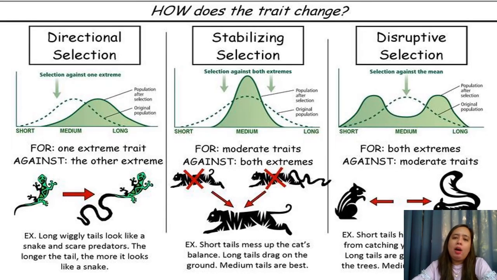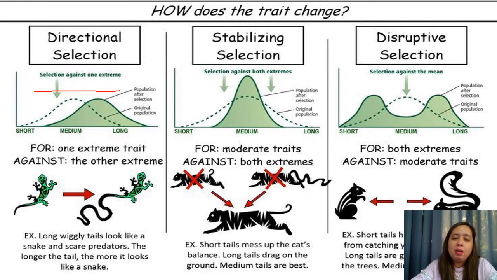So how does the trait change? We have here the stabilizing selection, directional selection, and disruptive selection. For you to have more understanding, for example here, selection against one extreme, directional. Ibig sabihin, when you say directional selection, it is for one extreme trait and against the other extreme trait.